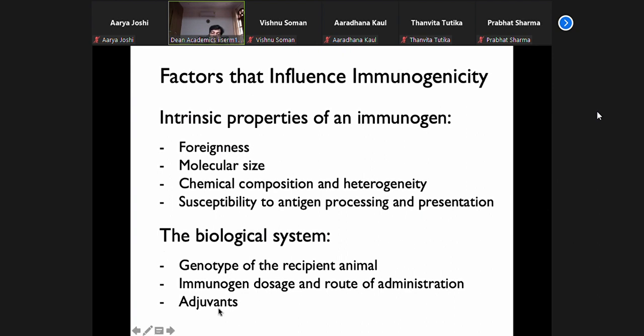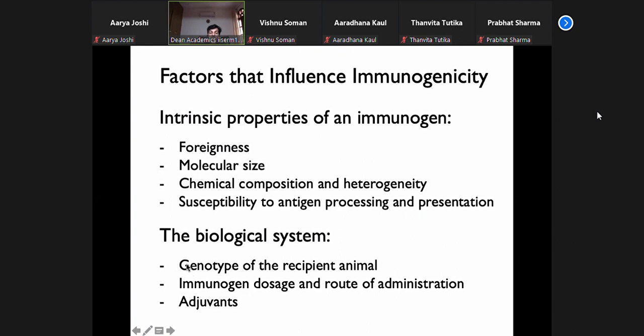This is called an adjuvant. Usually if you inject antigen alone, you get very little immune response. If it is combined with an adjuvant, and there are different types of those, you get a good immune response. Adjuvants are nothing but innate immune stimulants. We'll talk about how exactly these adjuvants work.